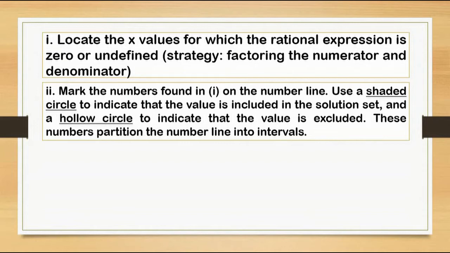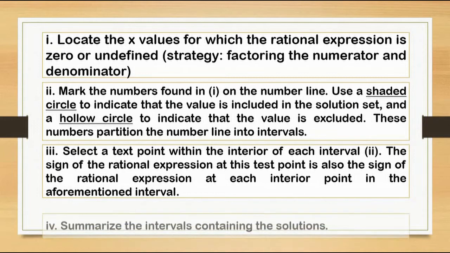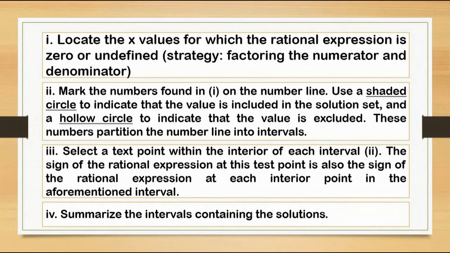Third, select a test point within the interior of each interval. The sign of the rational expression at this test point is also the sign at each interior point in that interval. Then summarize the intervals containing the solutions.